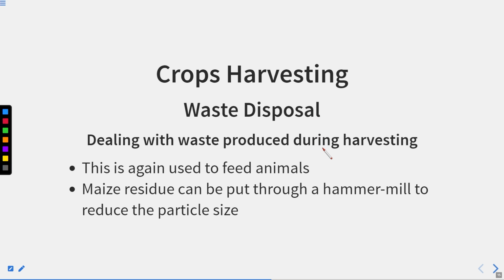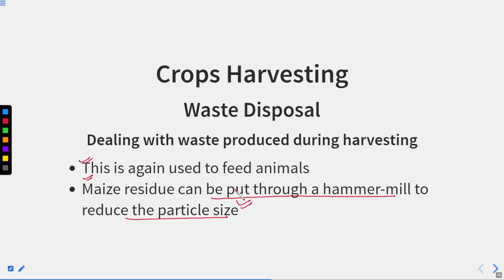Dealing with the waste produced during harvesting, this is again used to feed animals. So some of the materials, like at the time of soya bean or groundnut or wheat, that waste can be used to feed our animals. Maize residue can be put through a hammer mill to reduce the particle size.